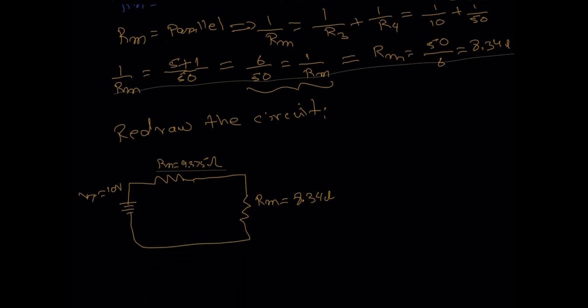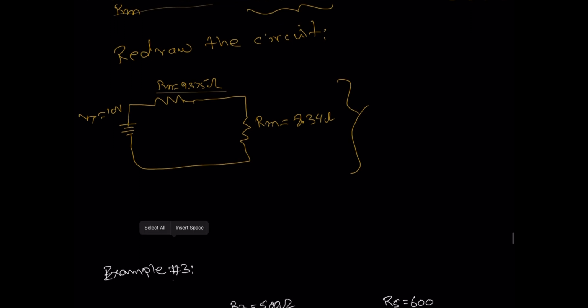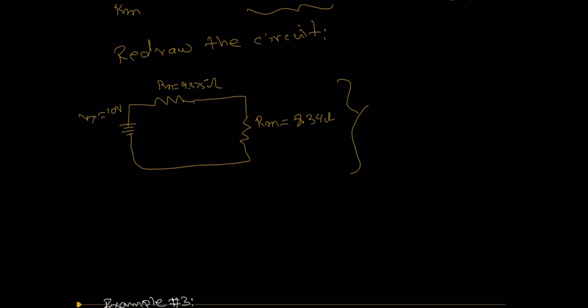Now we have a resistance and a voltage, we can find the IT, or total current. So let's find that total current here. To find IT, that will be Vt divided by RT.